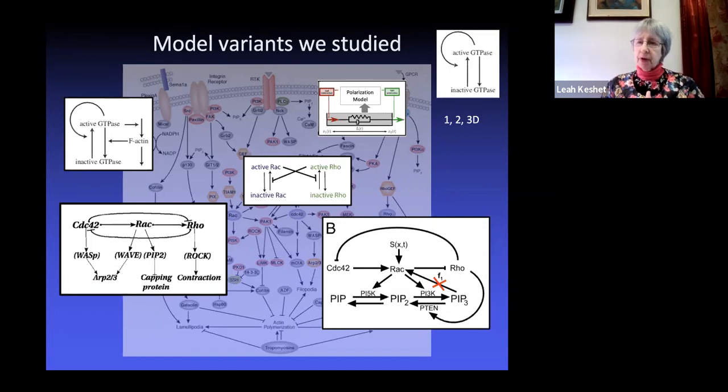And the total amount of regulatory protein had to also be within some limit. And the reason for that is the polar pattern forms as a result of depletion of the inactive form and the concentration of the active form at the front. So if there's too much total regulatory protein, then the inactive form never gets depleted. So the wave will just go right through the cell. So yes, indeed, polarity can only happen within certain conditions.